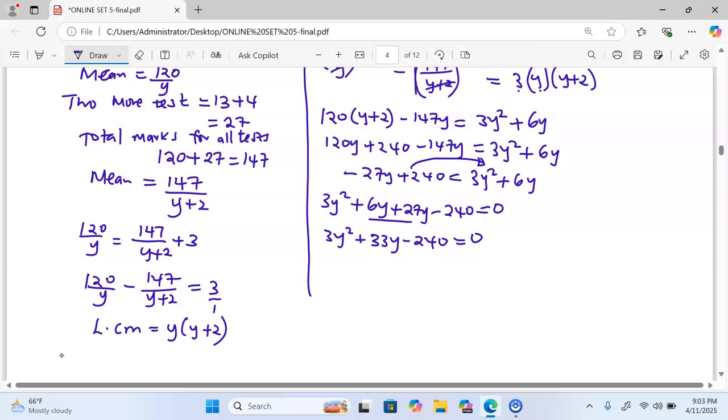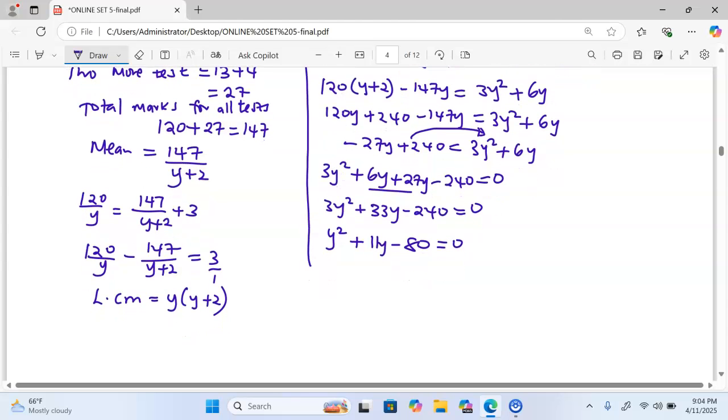If you divide all through by 3, we are going to have y squared plus 33 divided by 3, you get 11y, minus 240 divided by 3, you get 80, and this one is going to be equal to 0.